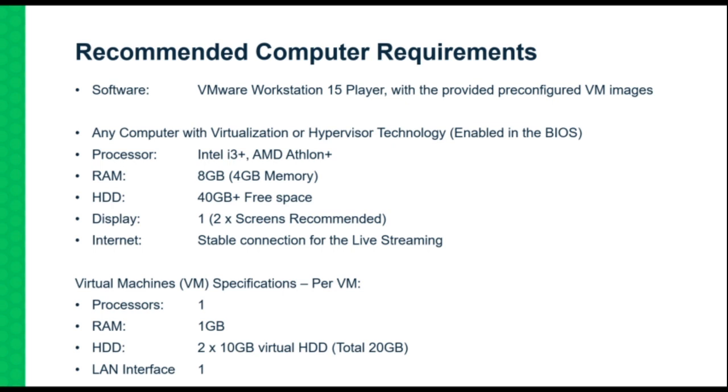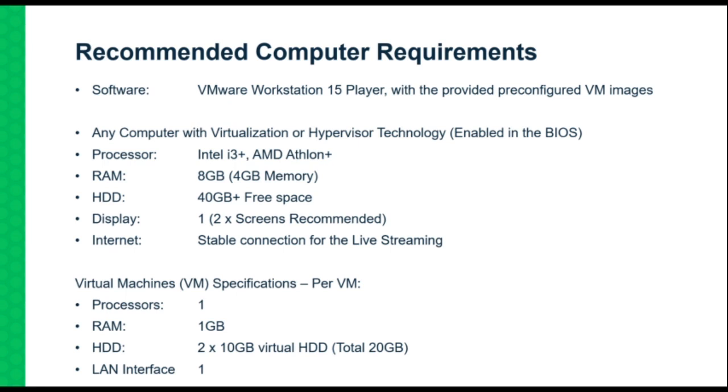Computers with virtualization and hypervisor technologies are required, and you had to enable the technology within your BIOS. In my guide, I've sent you a few links where you can follow on how to enable it if you have not done so already.